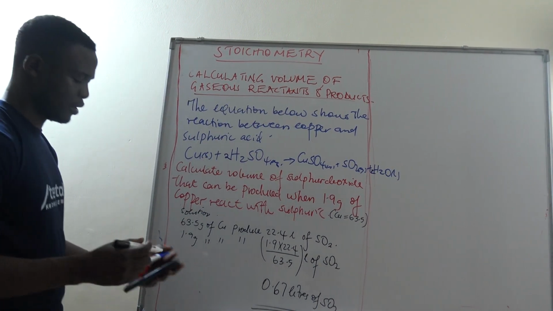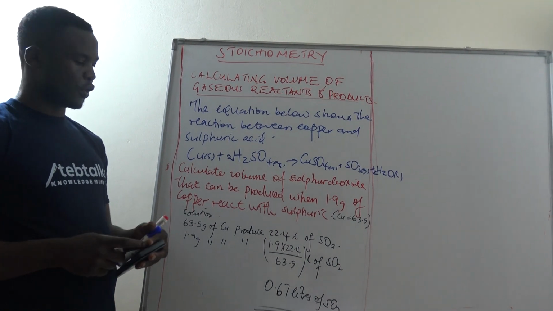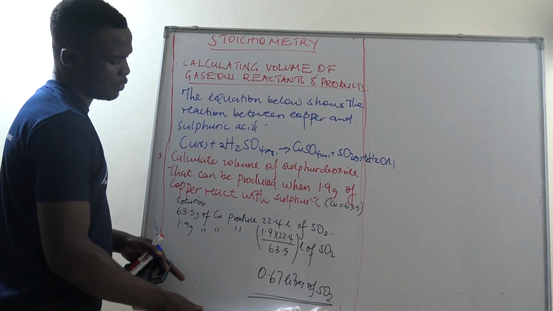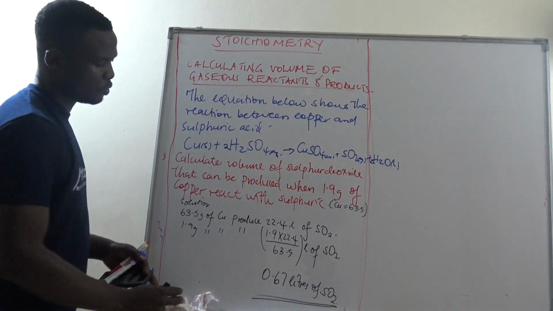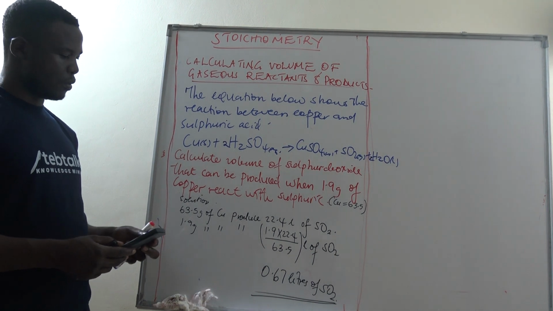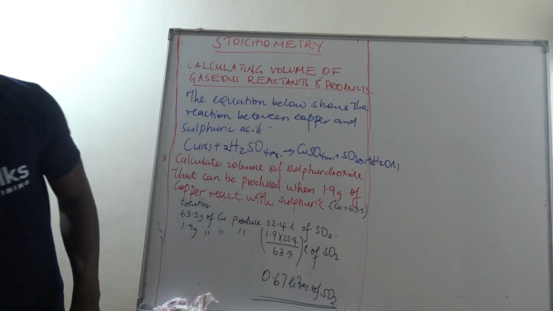So we have calculated the volume that can be produced if we react 1.9 grams of copper with concentrated sulfuric acid.